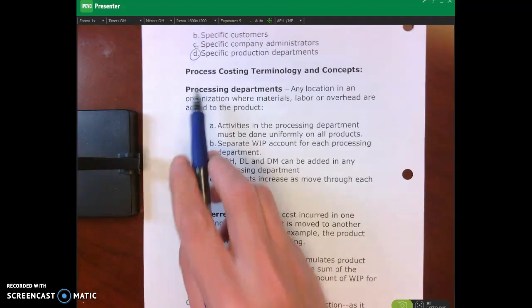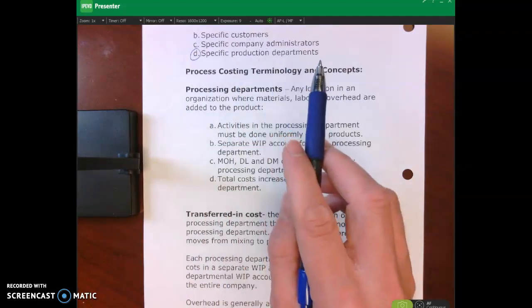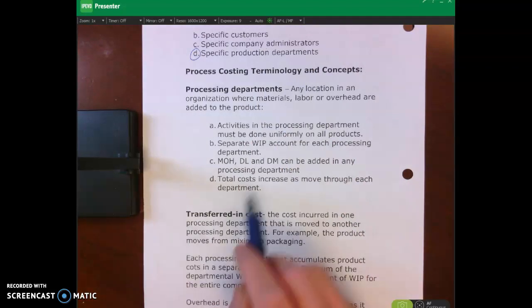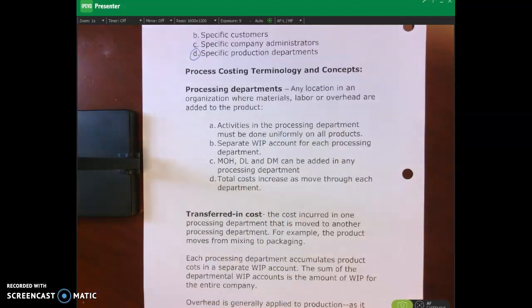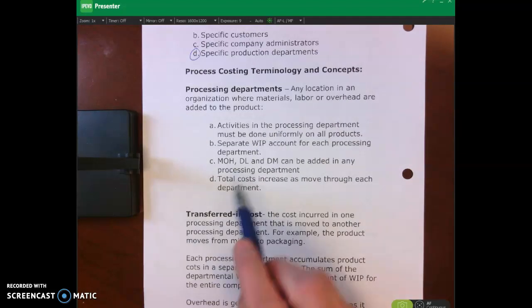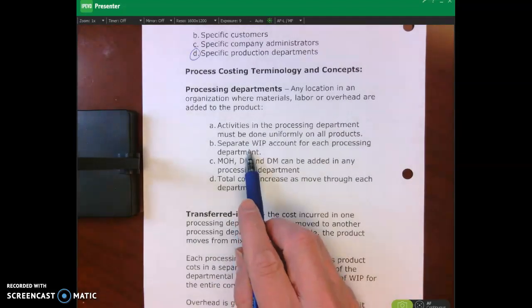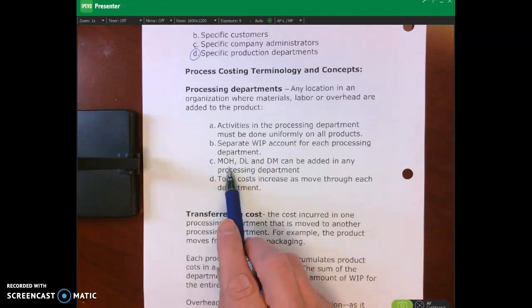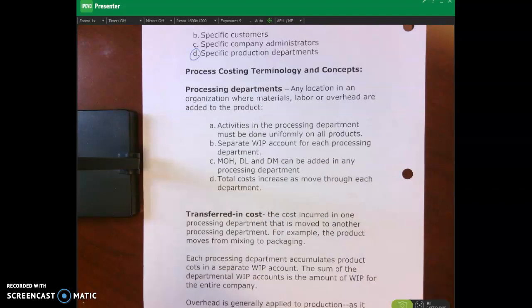Technically, a processing department is any location or department in the company where we add materials, labor, and overhead, and where the activities have to be done uniformly on all those products. As I said before, we would have a separate WIP account for mixing and a separate work in process account for packaging, and we can add materials, labor, and overhead to each processing department.